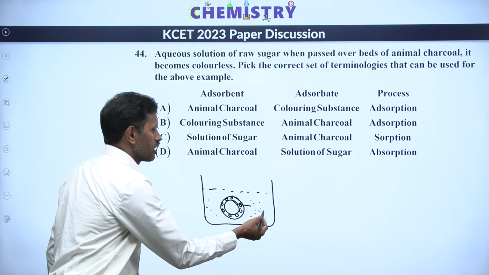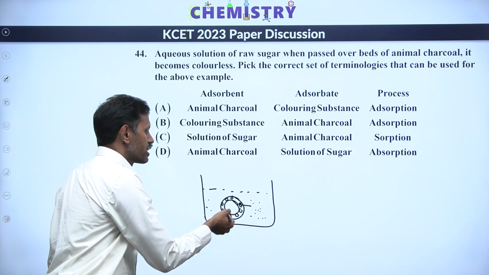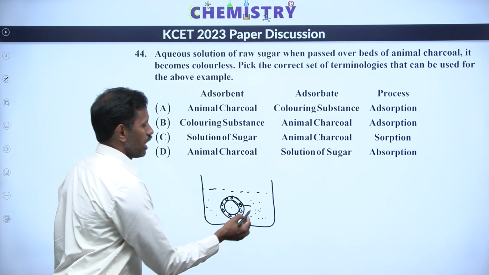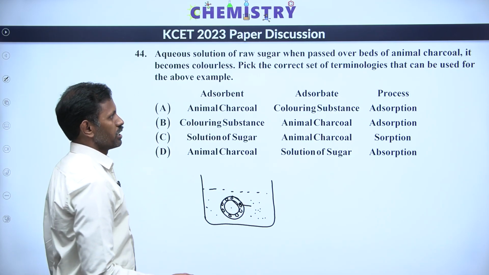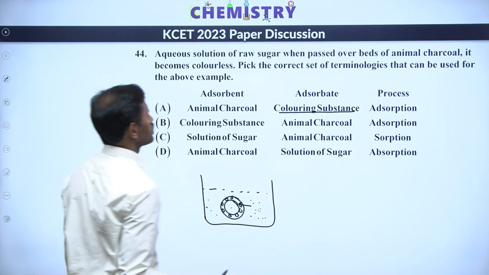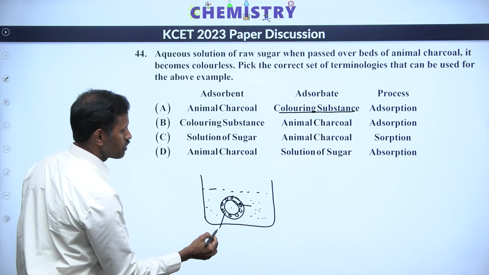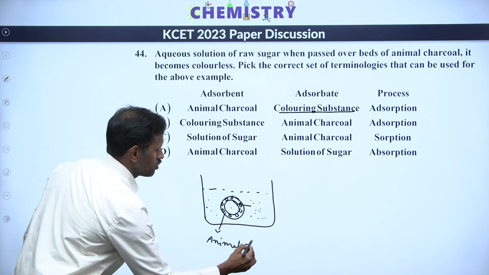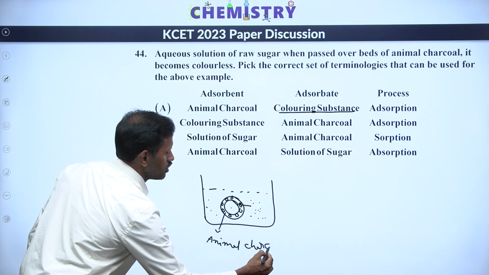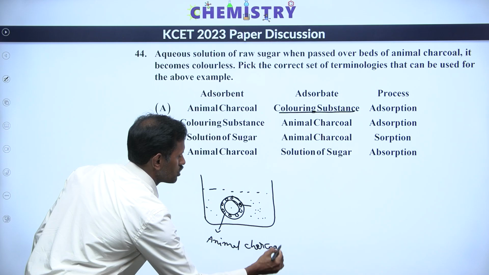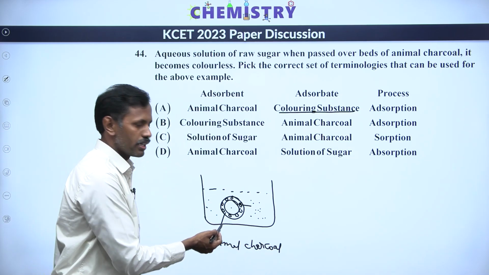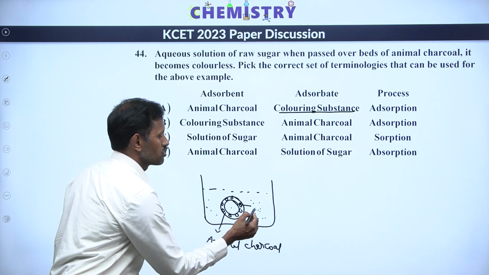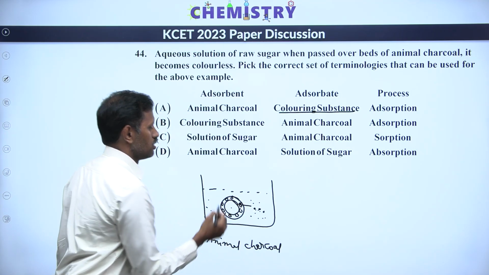So the animal charcoal is the adsorbent and the coloring substance is the adsorbate.